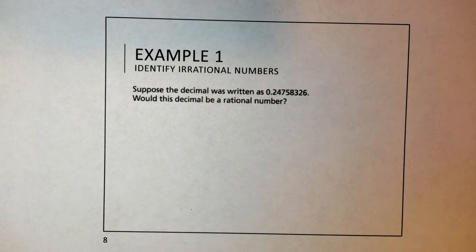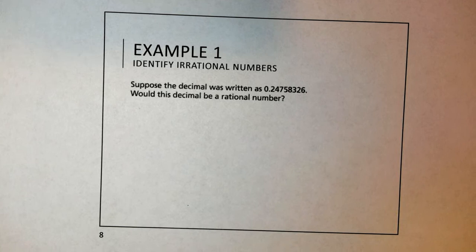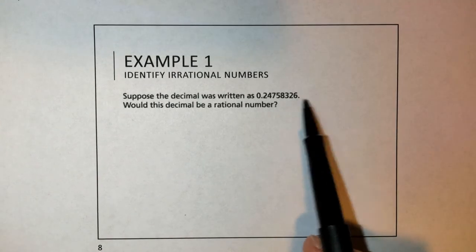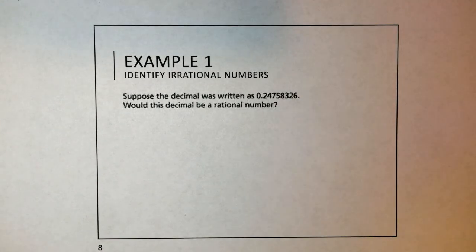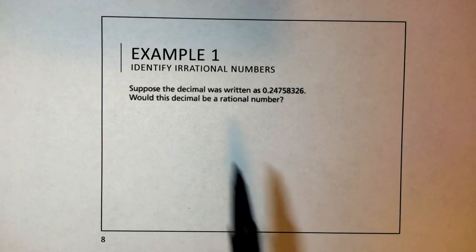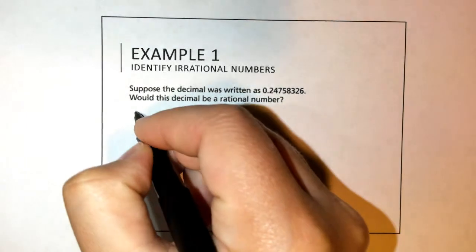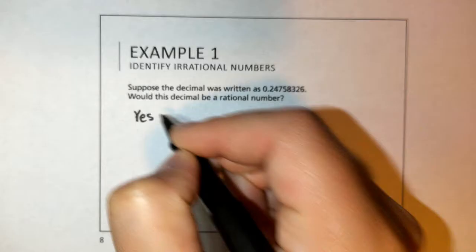Would this decimal be a rational number? So in order for it to be a rational number, one, it needs to terminate. So does my decimal end? I don't have those three dots anymore. So yes, it ends. So here this would be considered a rational number. Yes, it is rational because it ends.